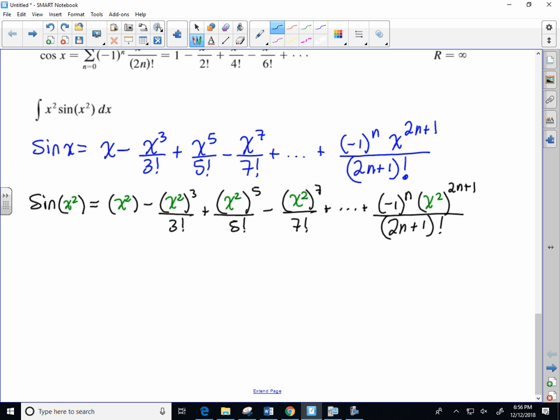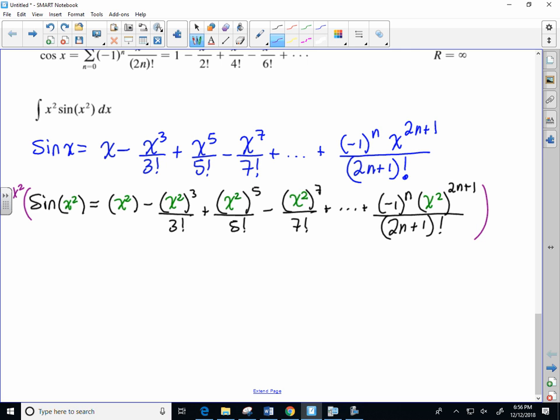But I don't know that we want to simplify it just yet either. Because I don't just need sine of x squared, I need x squared sine of x squared. So it's multiplied through with an x squared. Everything gets multiplied by x squared, all the way through.